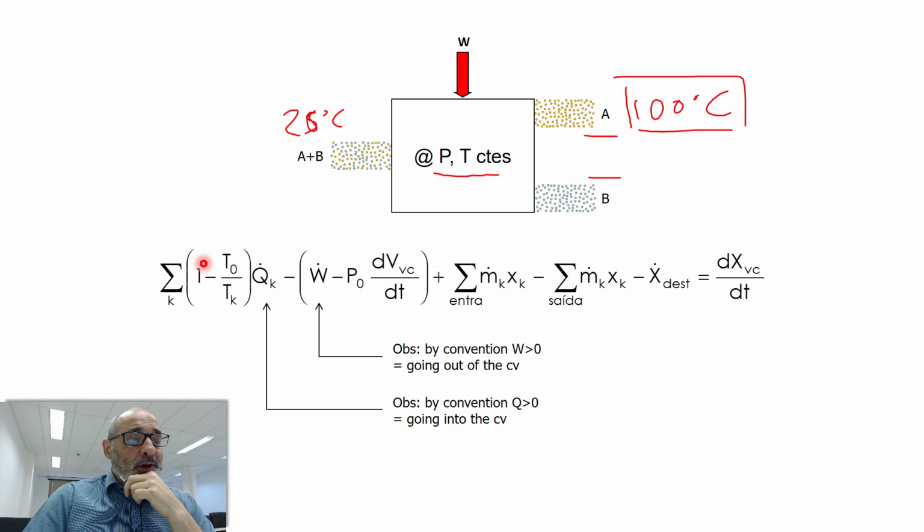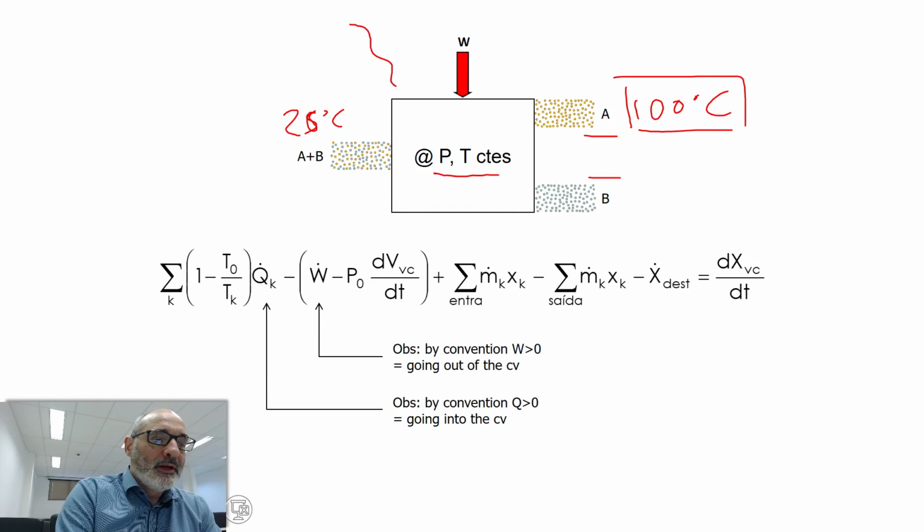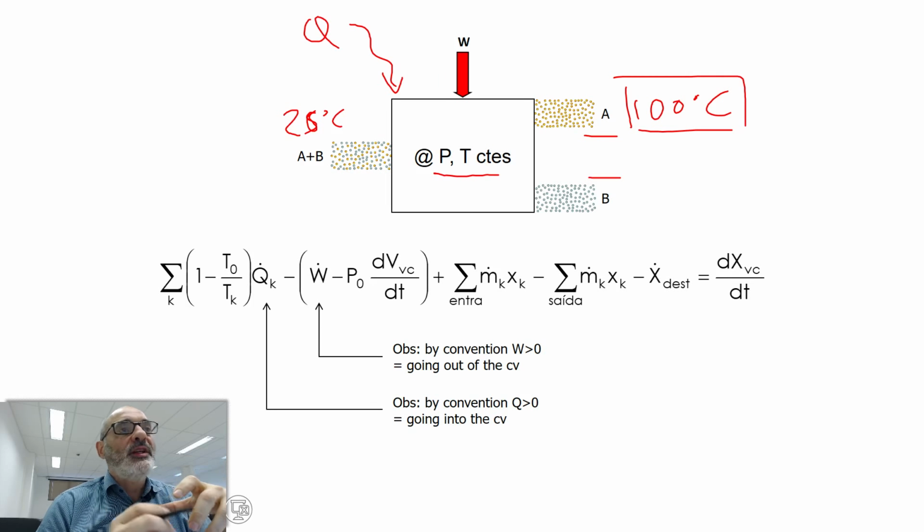Okay, so just to remind, what are the components of our exergy balance here? This first term: if I had heat Q being transferred to my system, I know that it contains a certain amount of exergy.